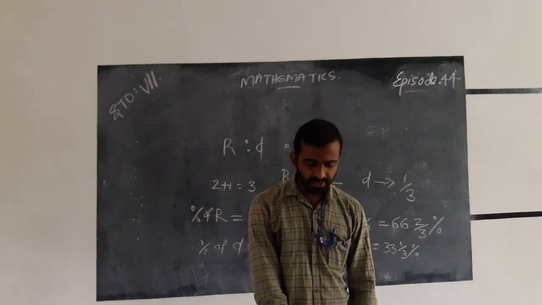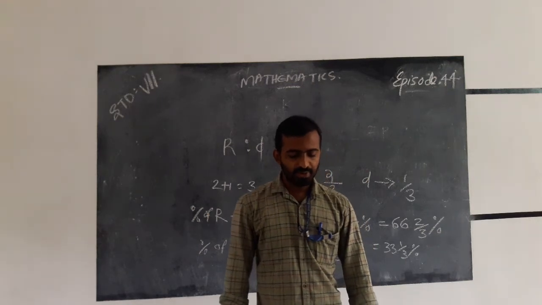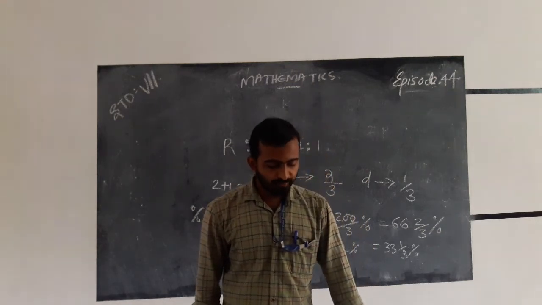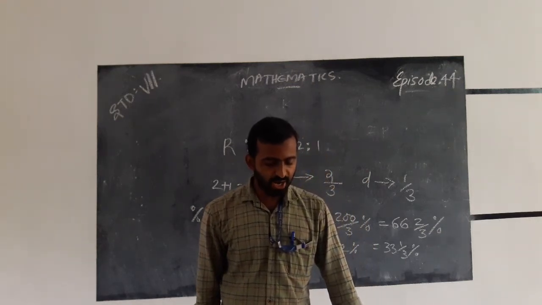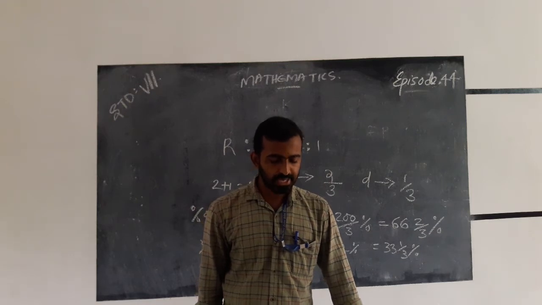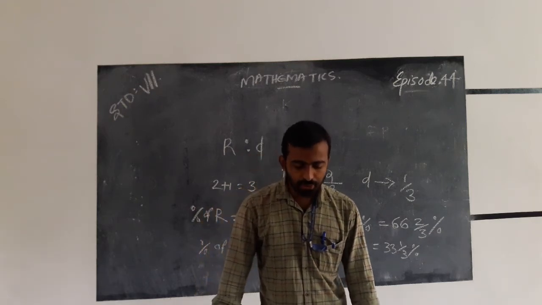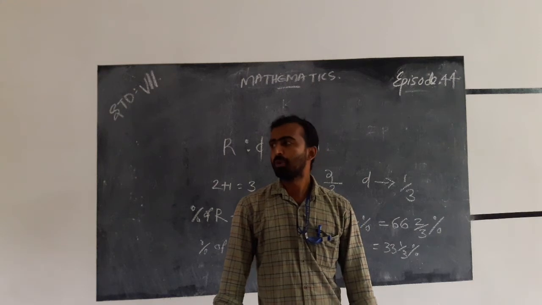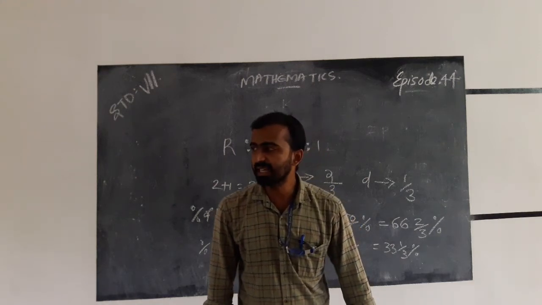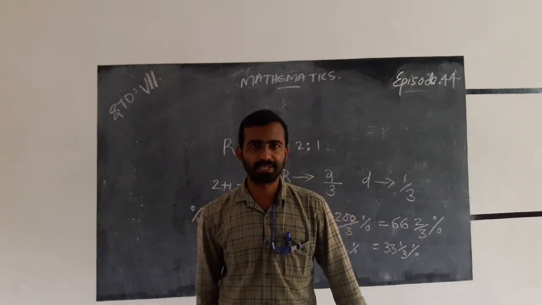The example is: if 250 rupees is to be divided amongst Ravi, Raju and Roy, that is, 250 rupees is divided among 3 persons.